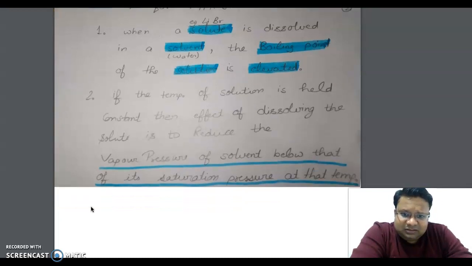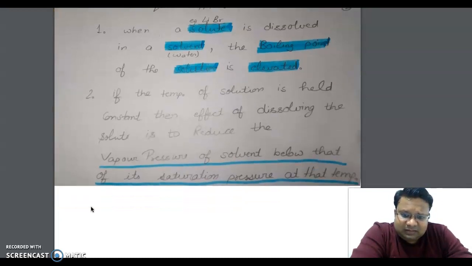The other thing is, if the temperature of the solution is held constant, then the effect of dissolving the solute is to reduce the vapor pressure of the solvent below that of its saturation pressure at that temperature.